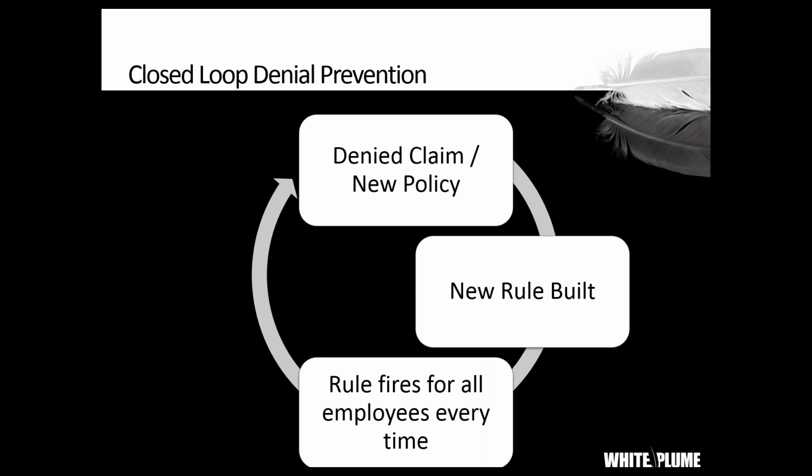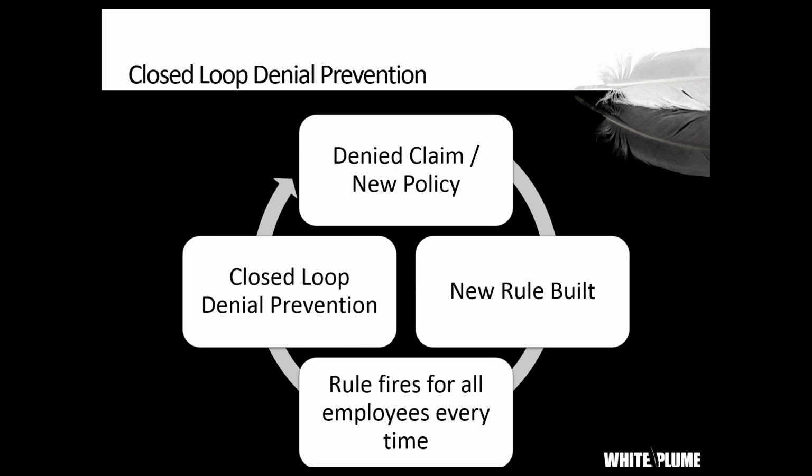Whether it's my most senior certified coder or my newest billing clerk, they both have access to the same actionable information to make sure that that claim doesn't get denied again. That's closed loop denial prevention. That's what we want to do, and that's part of what makes the difference between ICD-10 compliance and ICD-10 productivity.